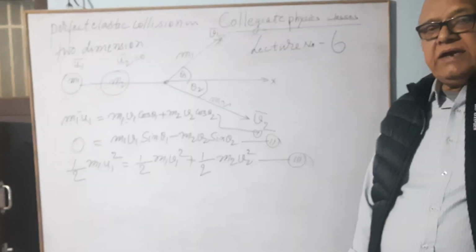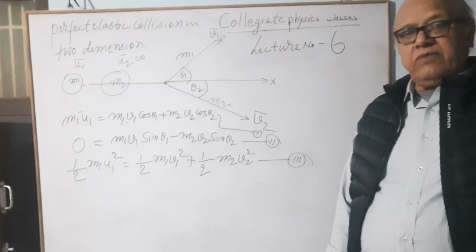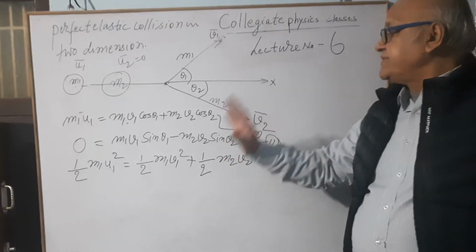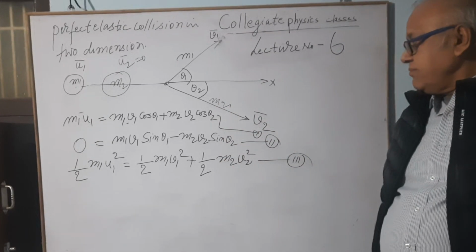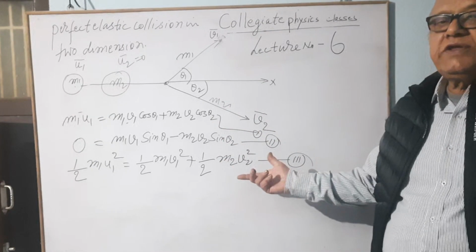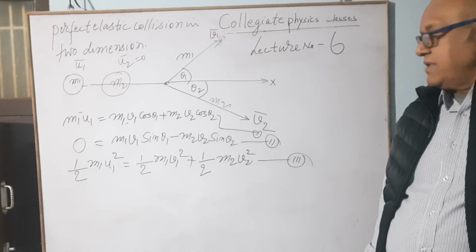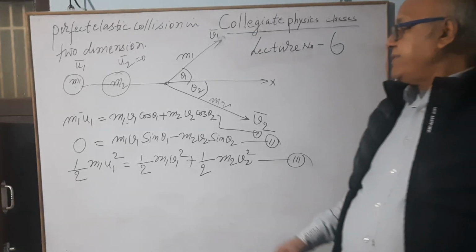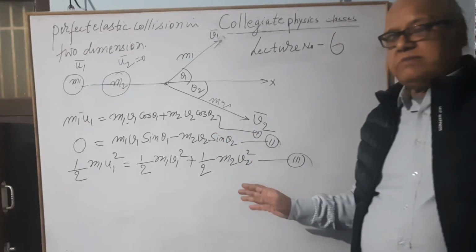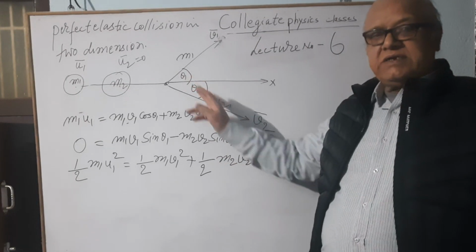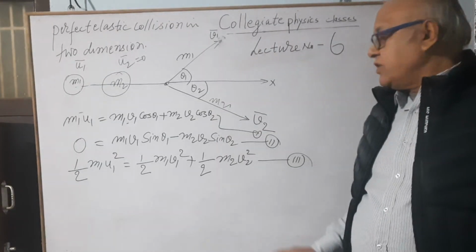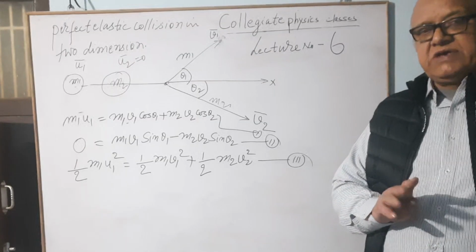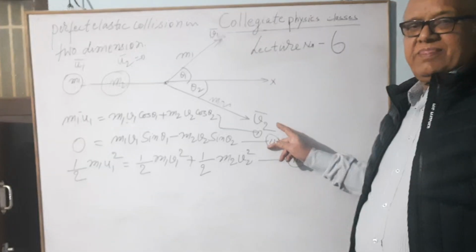Then we can find all the parameters of this collision after collision. But we have only 3 equations and the variables are 4. v1 is one variable, v2 is another variable, theta 1 is third and theta 2 is 4. So we have to find 4 parameters and equations are 3.